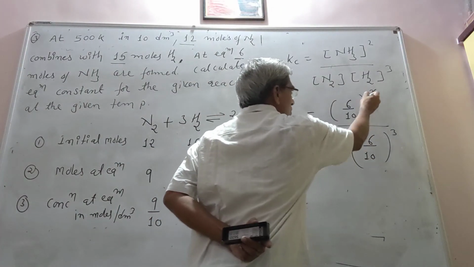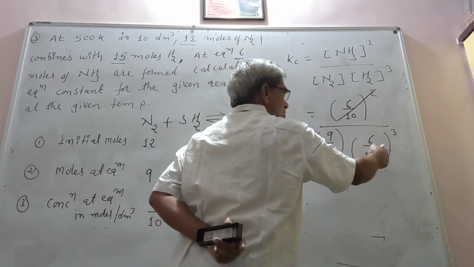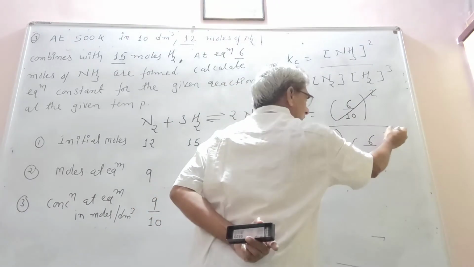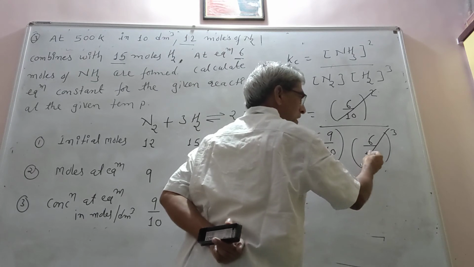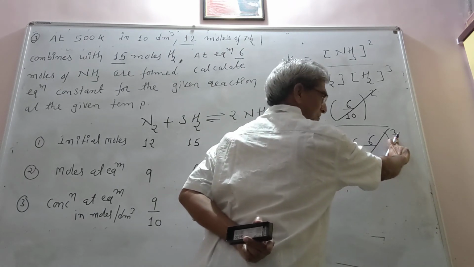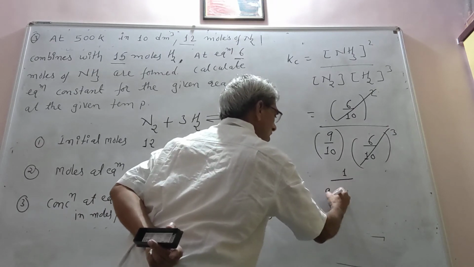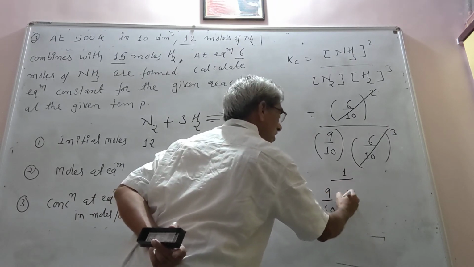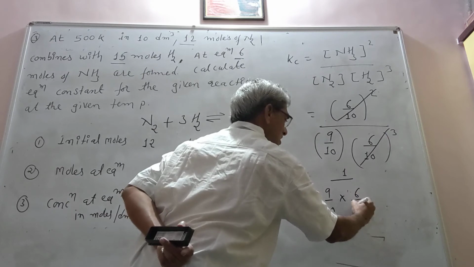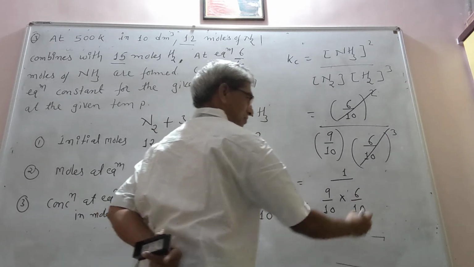6 divided by 10 raised to 2 get cancelled, 1 left. And therefore we will write 1 upon 9 by 10, left 1, 6 divided by 10.